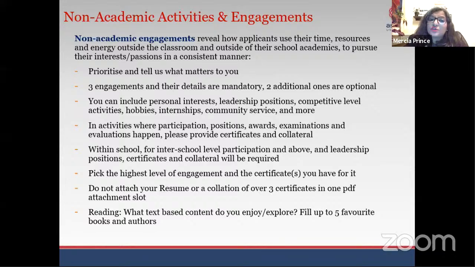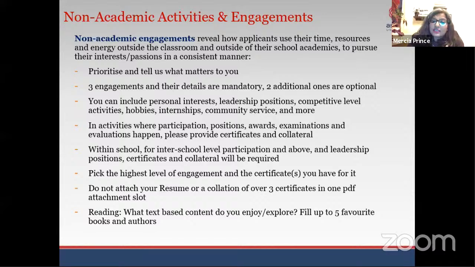How are you pursuing your interests or passions or learning new things, whatever it might be, in a consistent manner? That's what we want to know, because I believe that if we can know what a person does in their free time, outside of what is required, it tells a lot about the person. It tells us what really matters to you.